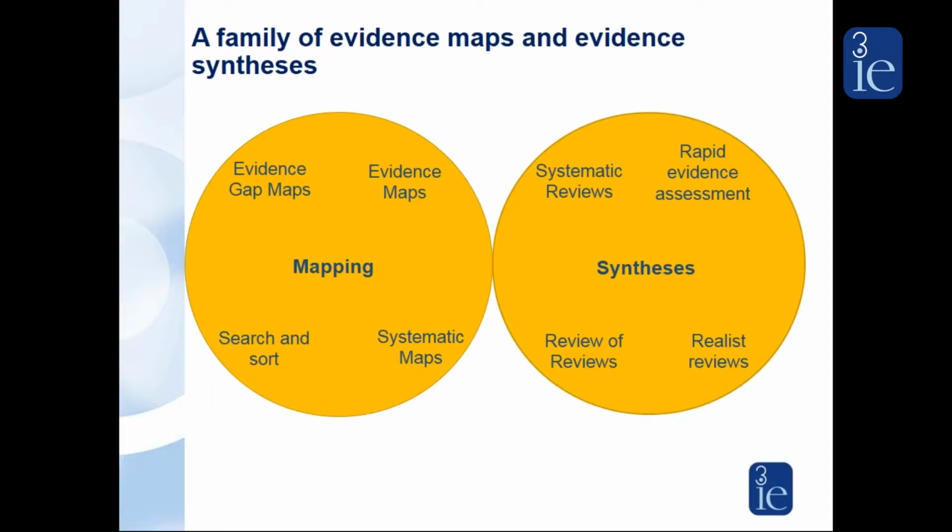So this figure is grouping a range of different types of approaches to evidence mapping and synthesis. And the point being that there are two main types of approaches to reviewing evidence. So you have mapping approaches and you have synthesis approaches.